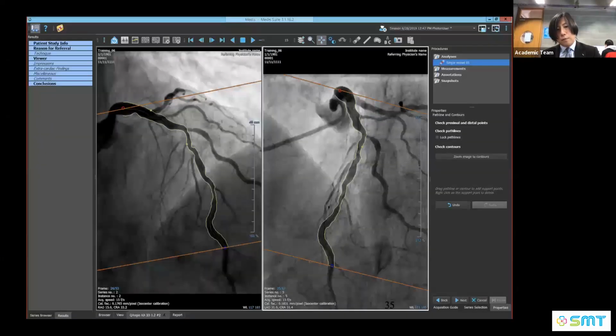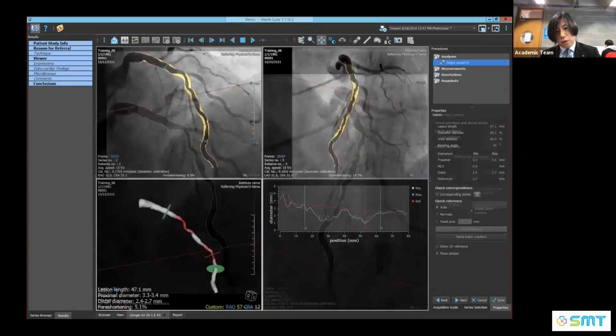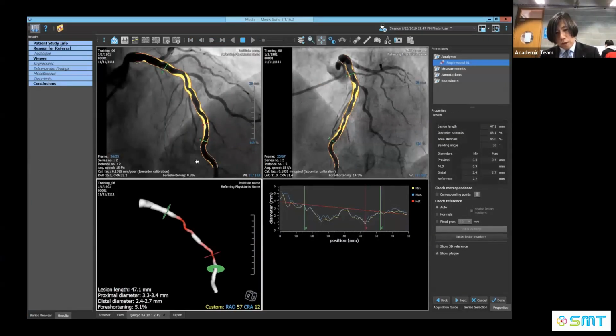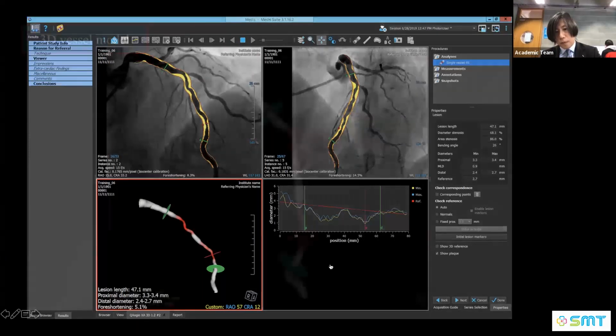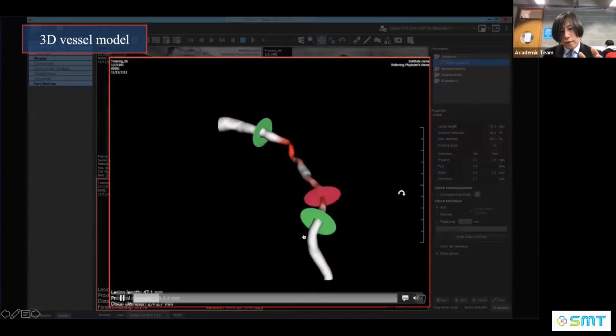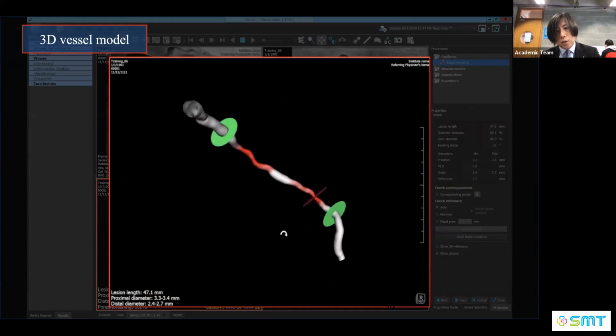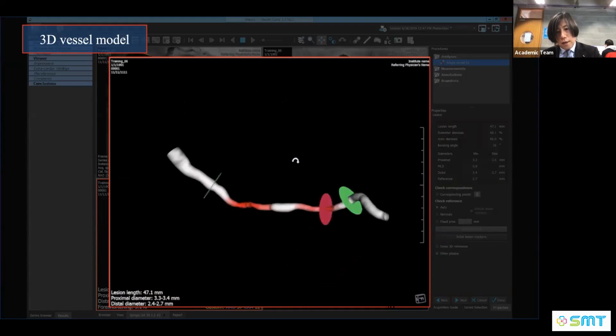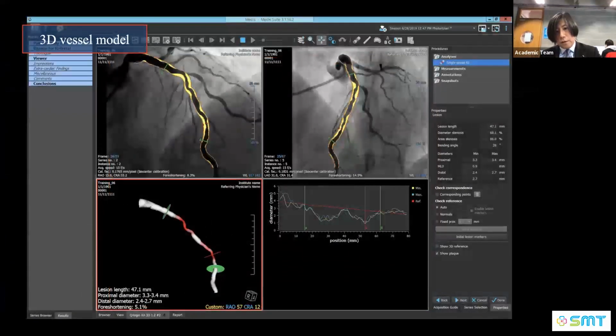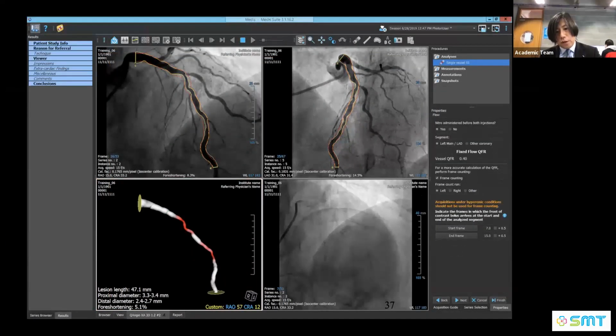And then we can merge these two projections, and in the end, it creates the 3D model of the LAD in this case. So we can also look at the different angles, and this is the 3D model based on these 2D projections. And then after that, we have to measure the flow of the coronary arteries.